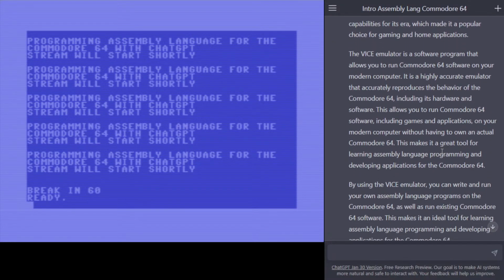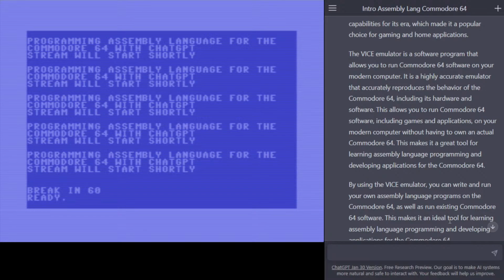The Vice emulator is a software program that allows you to run Commodore 64 software on your modern computer. It is a highly accurate emulator that accurately reproduces the behavior of the Commodore 64, including its hardware and software. This allows you to run Commodore 64 software, including games and applications, on your modern computer without having to own an actual Commodore 64.